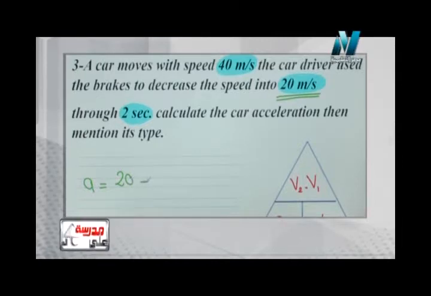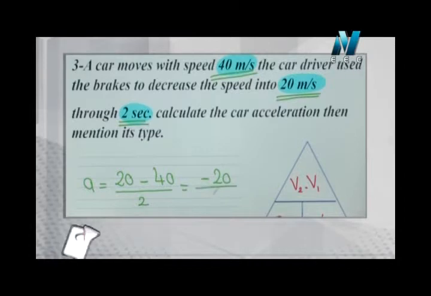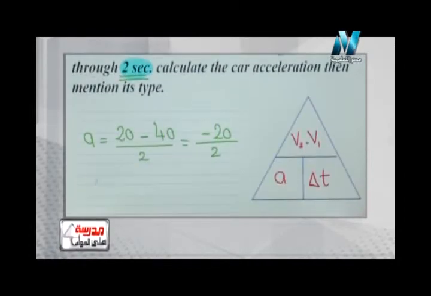Minus v1, which equals 40 meters per second, over time, 2 seconds. So 20 minus 40 equals negative 20, over 2. So acceleration equals negative 10 meter per second squared.